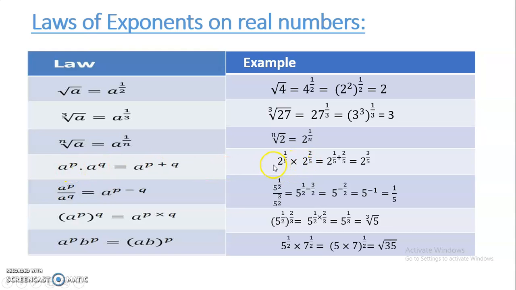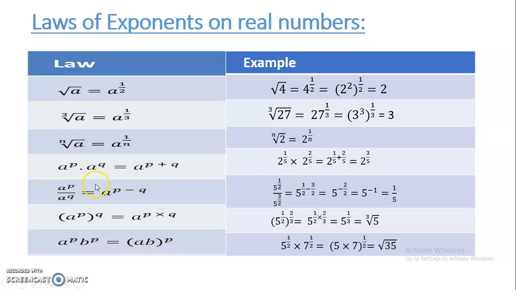For example over here, 2 and 2, the base is same, they are in multiplication and they have different exponents, 1 by 5 and 2 by 5. So you can just add the exponents. Here the denominator is same, 2 plus 1 it will be 3 by 5.